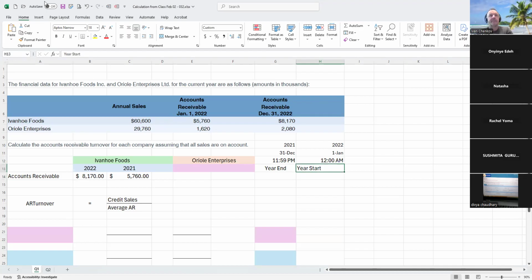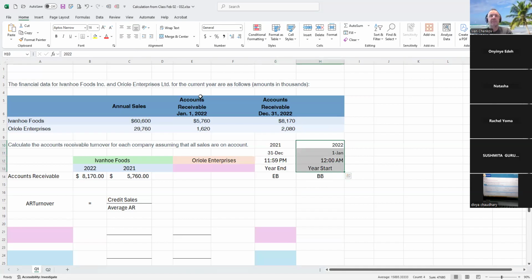We know that, right? So this is my ending balance at year 2021. And this is my beginning balance for the year 2022. What are the chances the ending balance for 2021 to be different than the beginning balance in 2022?